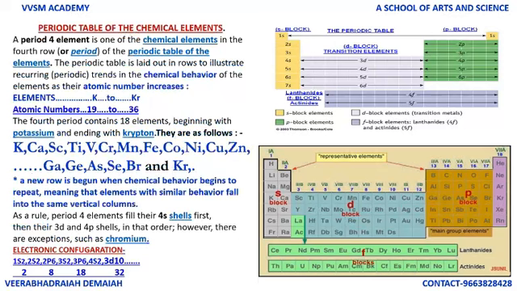Well friends, in the periodic table of the chemical elements, a period 4 element is one of the chemical elements in the 4th row or period, as I already discussed. The 4th period contains 18 elements, from potassium to krypton, that is atomic numbers 19 to 36.